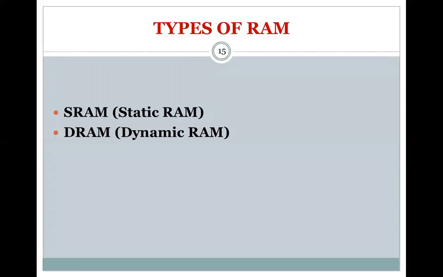So types of RAMs are SRAM and DRAM, static RAM and dynamic RAM. Generally, static RAM retains the contents as long as the power is supplied to the chip. Not only that, static RAM uses 6 transistors, in which 4 transistors form the core, where 2 inverters are connected back to back.